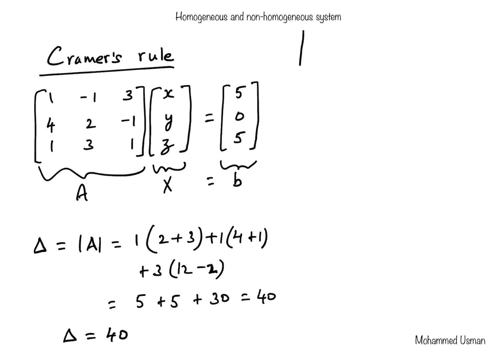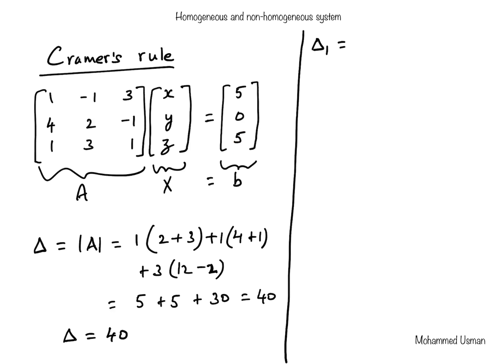Right, now let's find delta 1, delta 2 and delta 3, because we want to find x, y and z. To compute delta 1, we are going to replace the first column, which contains the coefficients of x, with the vector b, and then compute the determinant.